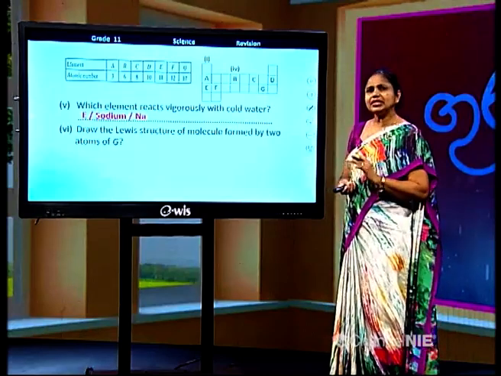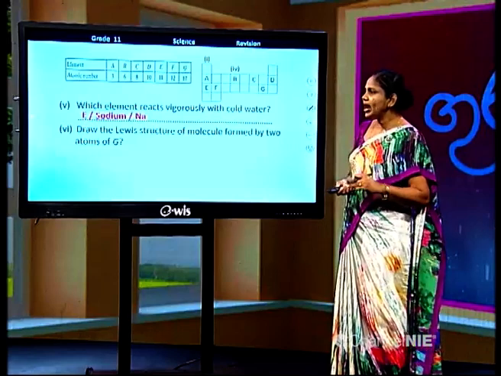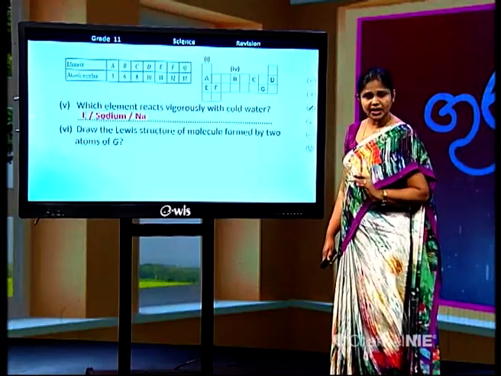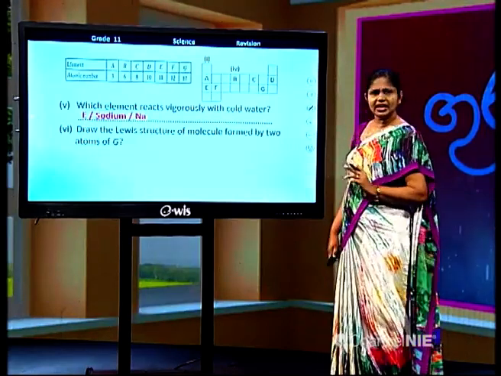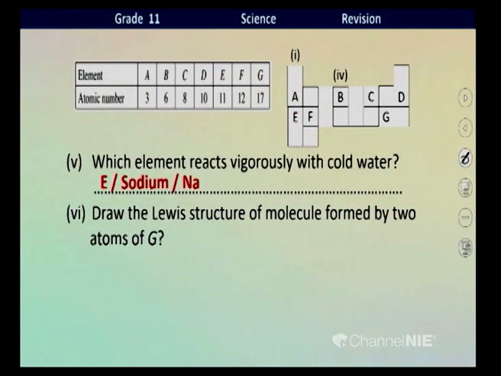Draw the Lewis structure of molecule formed by two atoms of G. Actually, what is G here, children? G here is really chlorine, right? When two chlorine atoms join together, they join with a covalent bond to form the chlorine molecule, Cl2 molecule.